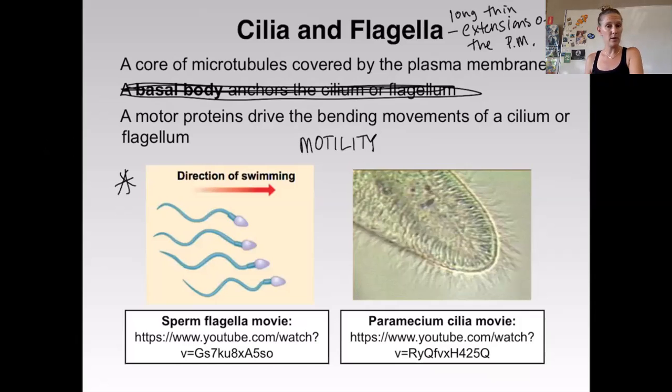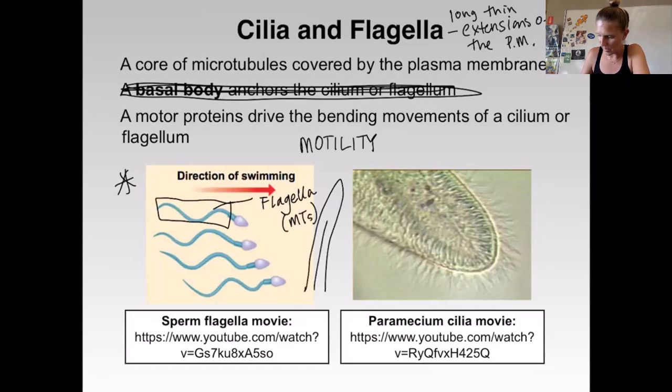So sperm, you guys have all heard about sperm cells, right? Where you have a single cell with this long whip-like thing in the back. That is a flagella. If you zoom in on that, those are microtubules around a plasma membrane, right? So microtubules around a plasma membrane, and they can form those whips.